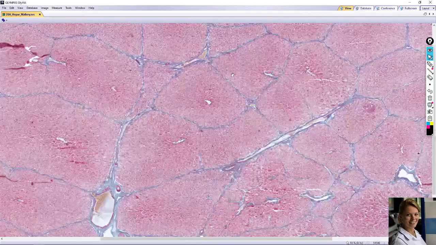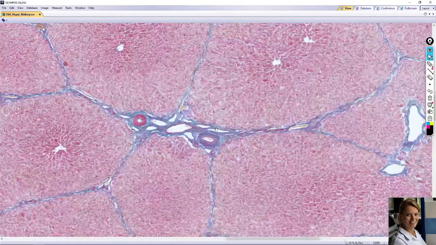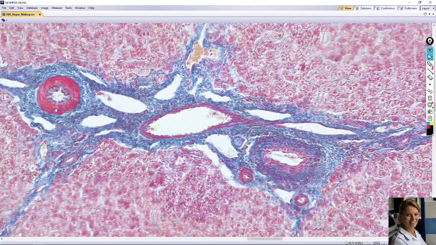For example, here is a smaller interlobular septa with a branch of the hepatic artery. Here is a branch of the portal vein, and here is a bile duct, and the nerve fibers and lymph vessels.